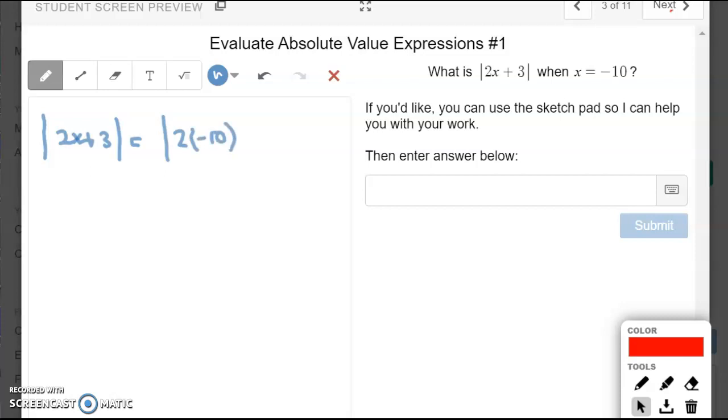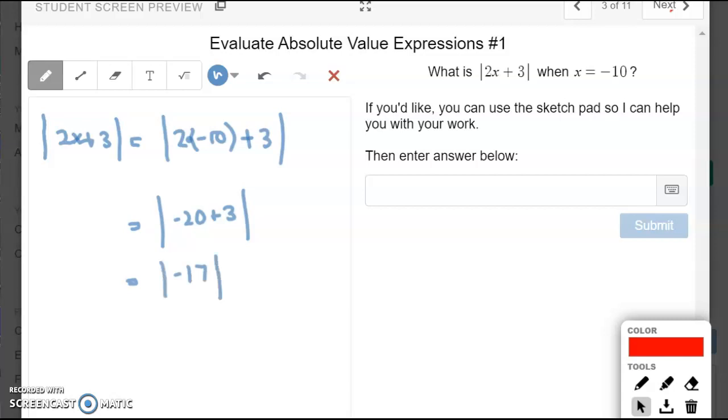I do that so that I remember we're talking about 2x, and so we're really talking about 2 multiplied by negative 10 plus 3. Remember, multiplication before addition and subtraction. So 2 times negative 10 is negative 20 plus 3. And what is negative 20 plus 3? That's going to be negative 17.